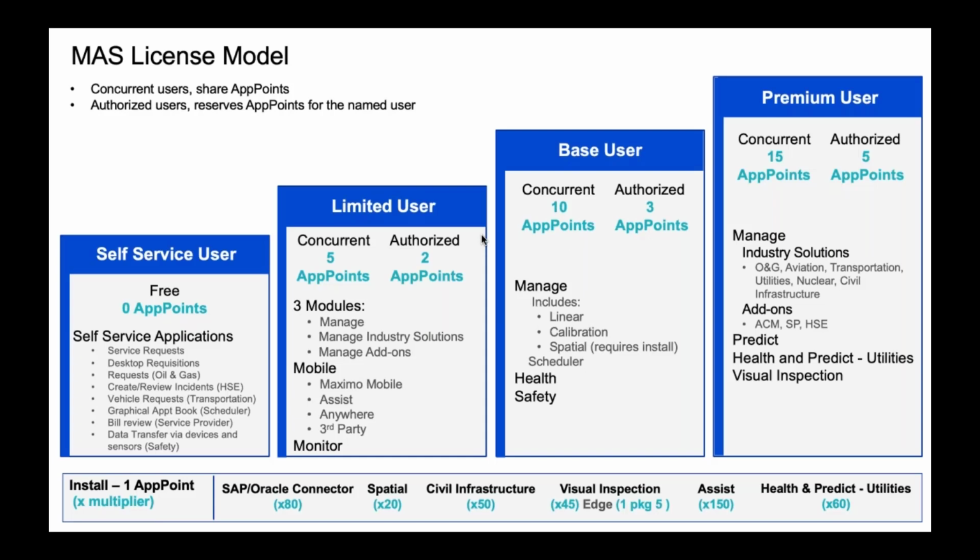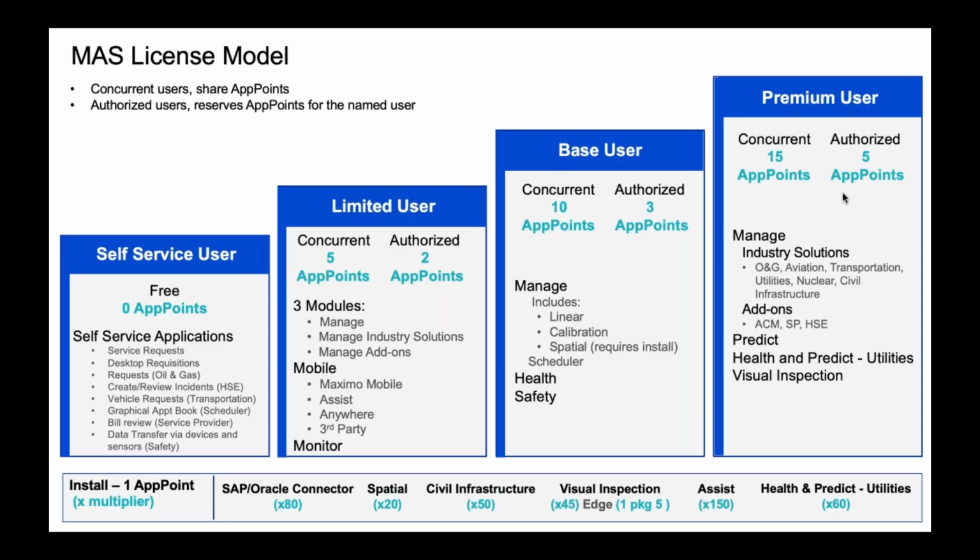So if you're a scheduler user, you have access as a base user to that module. Health or safety, I have access to all of these applications. And my premium user also has access to all of the applications as my base user. So it's very tiered and it works its way down.